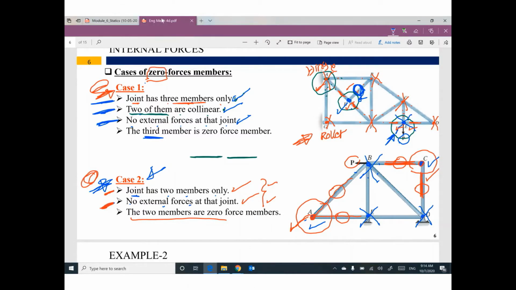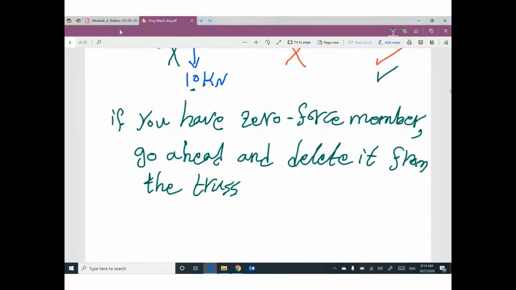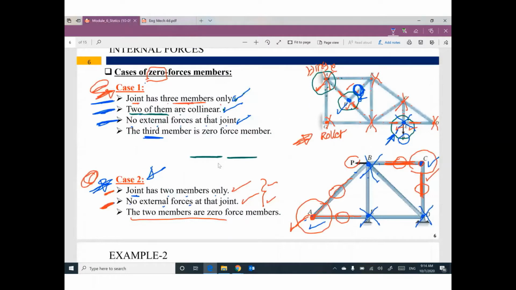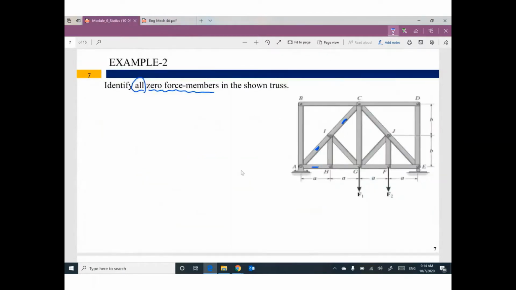But I highly recommend in your exam, in your quiz, in your homework to solve this type of problem, to redraw this truss one more time with your pencil.